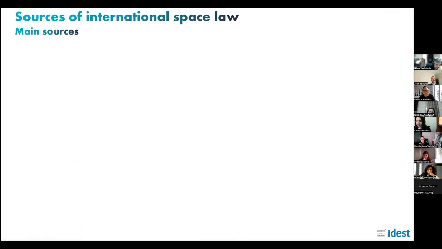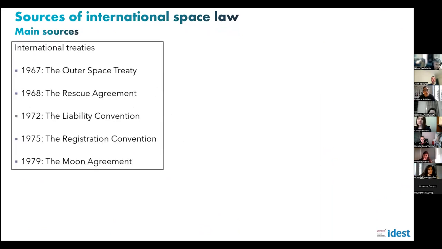So I don't know if you are aware of the main sources of international space law, but just to give you a brief overview, during the first period, 5 treaties have been adopted.